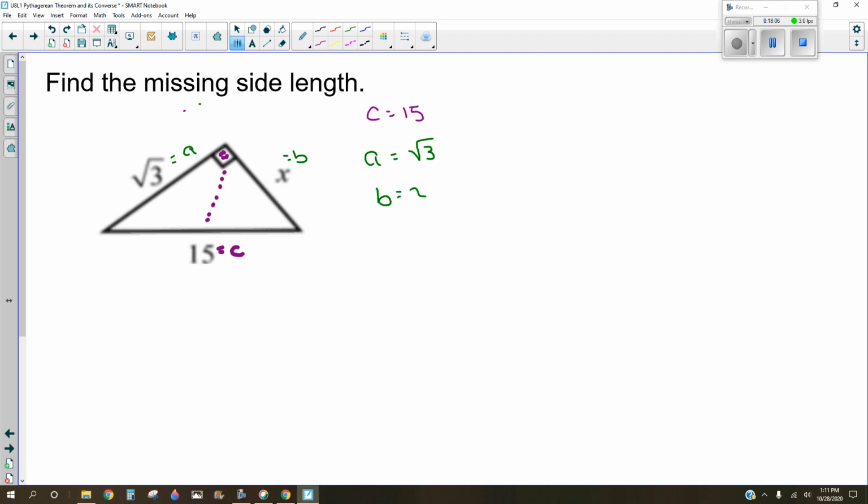B is equal to X. So we're going to use B is equal to the square root of, remember, C squared minus A squared. Okay, so C squared is 15 squared minus, my A is the square root of 3 to the second power.